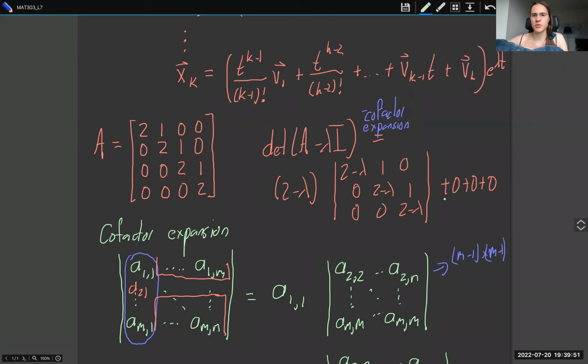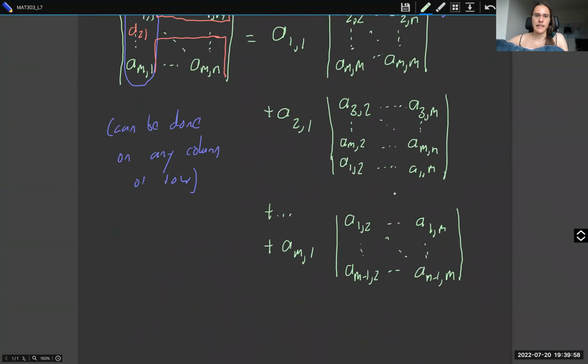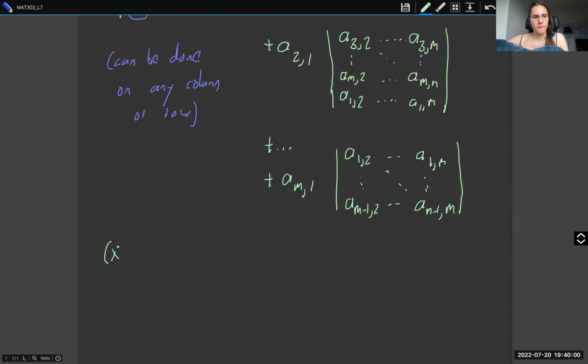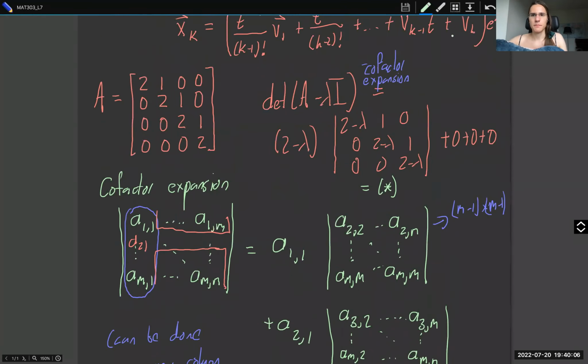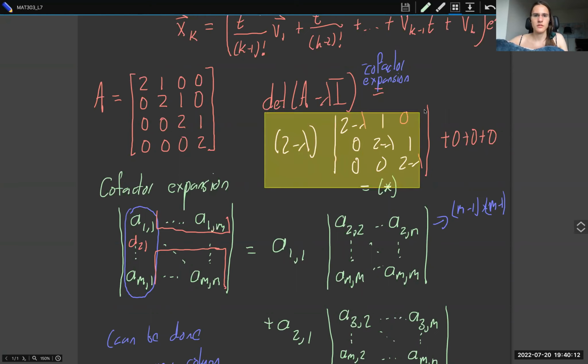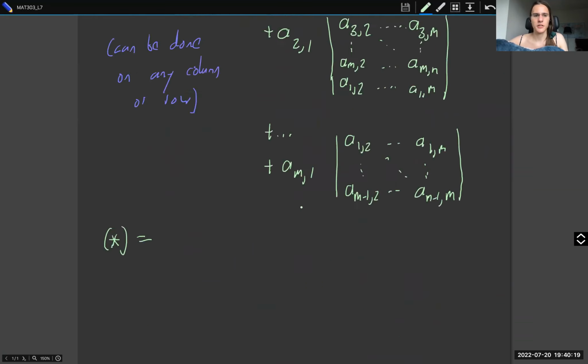Now, let me just write that this is equal to star. And then let's put star here. And so what we had was some determinant. Whoops. There, I got everything and just a bit of the next equation.